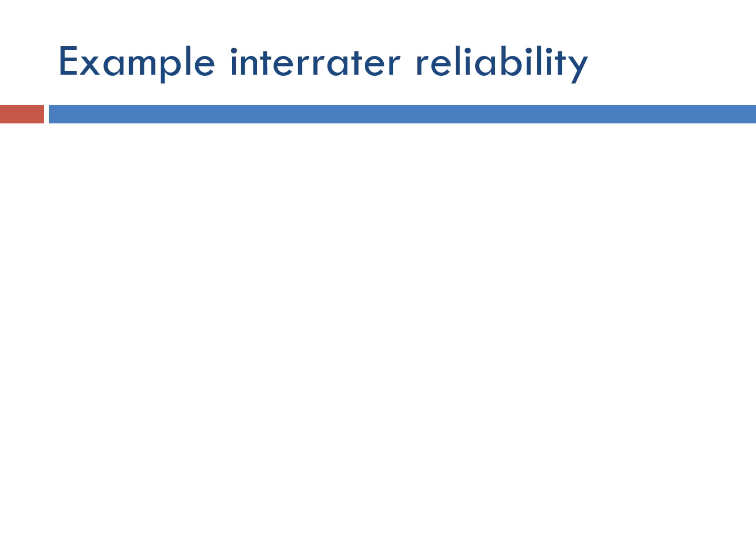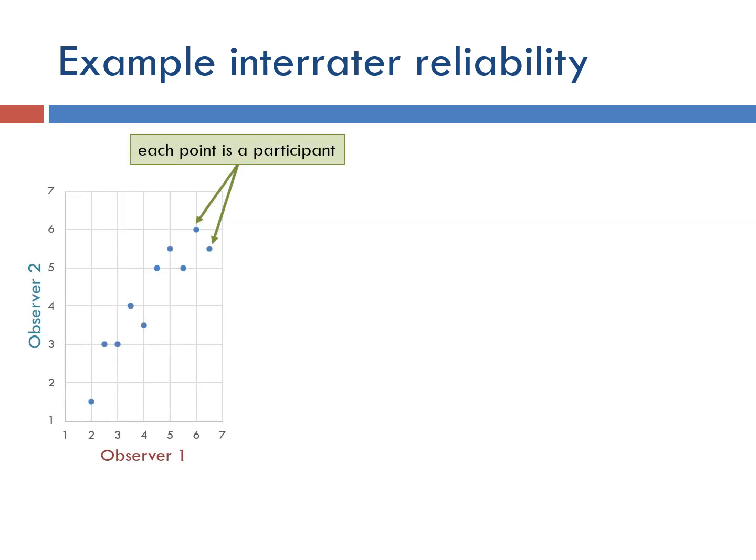So we need to represent this reliability, though, with numbers. How inter-rater reliable are these observations? And that's where we're going to go back to these correlations. So first, we have some examples. Here is observer 1 on the x-axis, and they are evaluating the participant on a certain level of happiness. Some they have pretty low at 2, some they have pretty high at 6, 6.5.